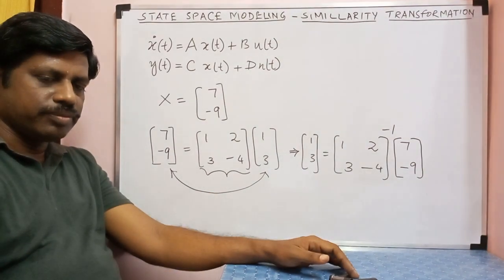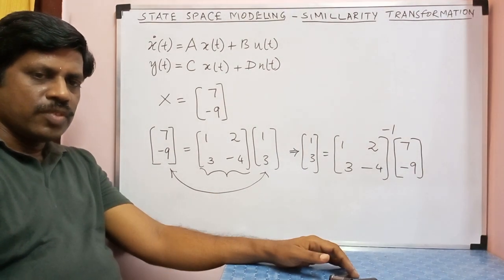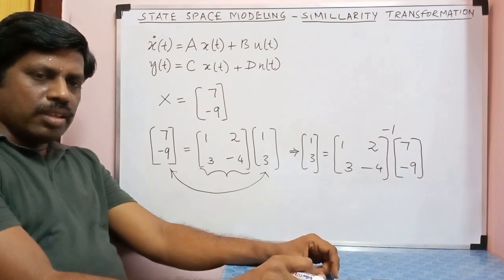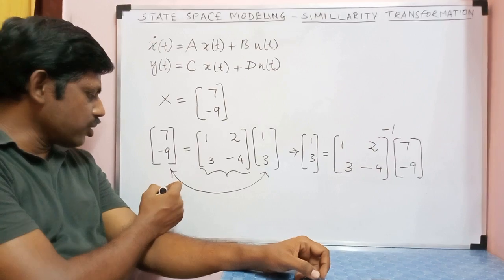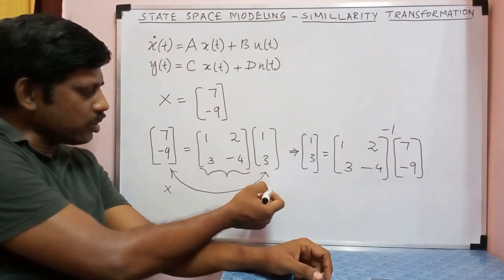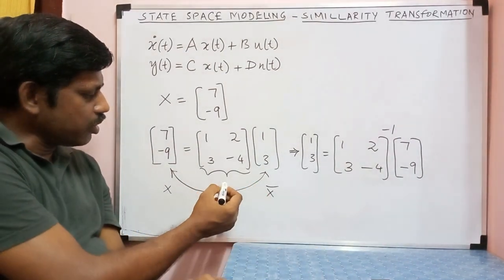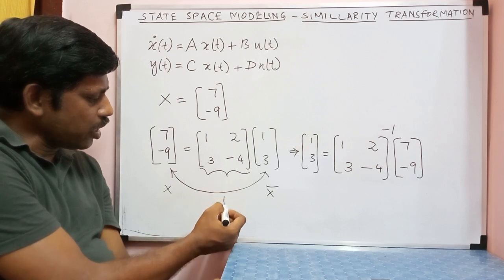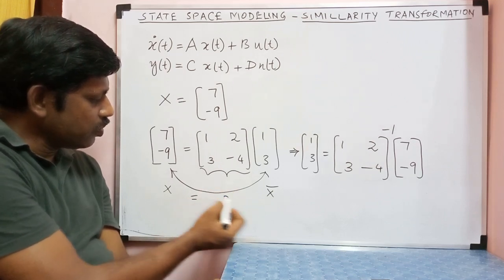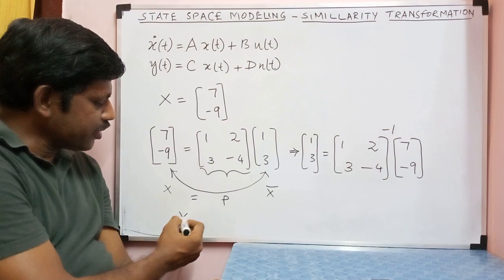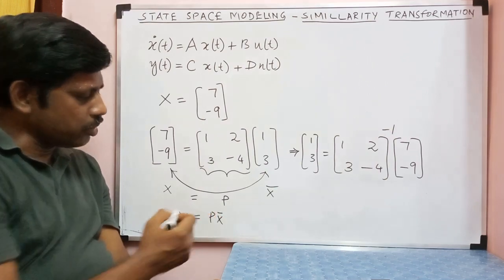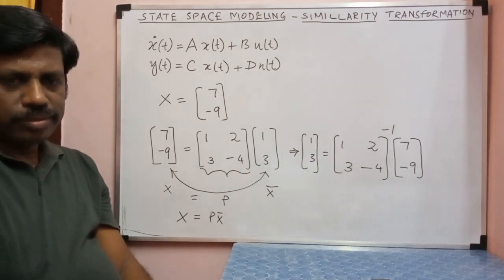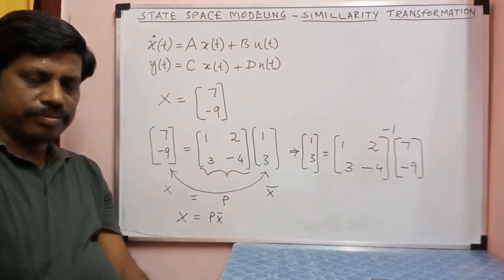Isn't it true? Yeah. So in that case, I can call this vector as x. I'll call this vector as x bar, and I will call this matrix as P. Now I can write it as x is equal to P x bar. Isn't it true? Yes, it's true.